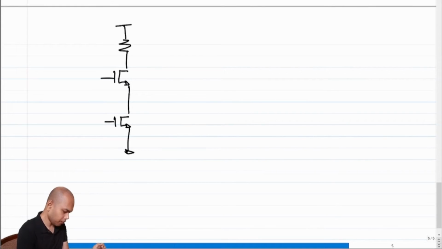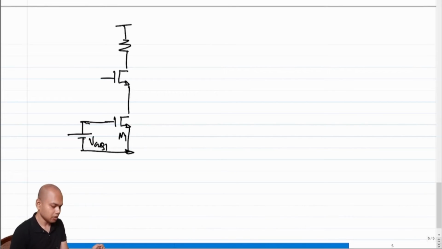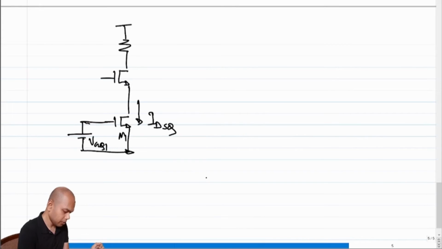So instead of I naught, we have the transistor M1, which is probably biased with some voltage VGQ1. If this transistor is in saturation, what will be this current? This current will be some I naught or some IDSQ, corresponding to M1, right?